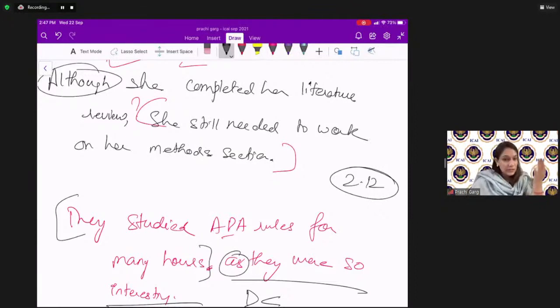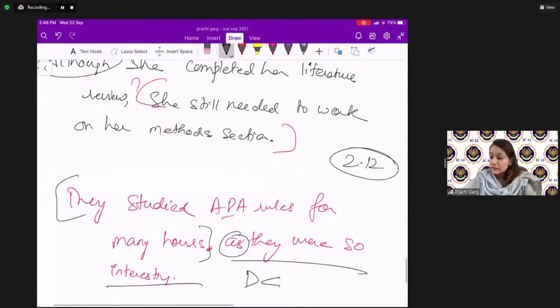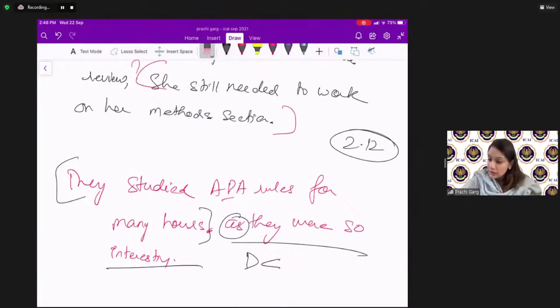Am I clear? Yes. Okay. Now, one small, but very big, point about the sentence structure, the use of comma. If you've noticed, in the first one, I have used the comma. In the second one, I have not used the comma. Have you noticed it by any chance?